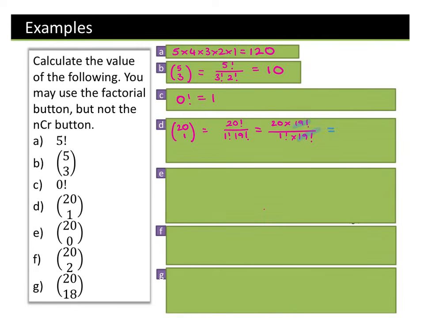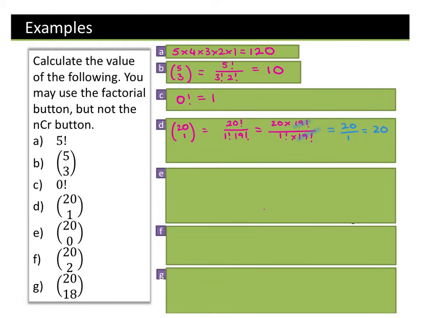And you're going to have 20 over 1, which is just 20. Okay? Now, back in my day, when I did A-level, we had to do this without a calculator. But when you do this without a calculator, you get understanding, because you can see how you can manipulate it. Okay, you don't have to sit there and work it out.